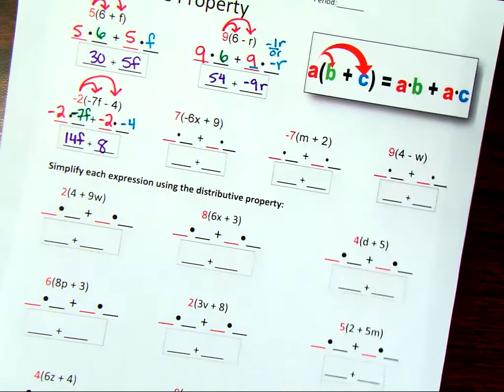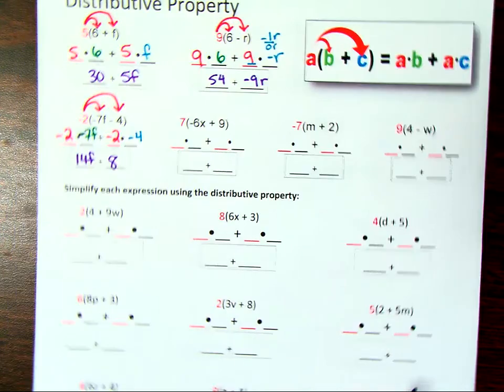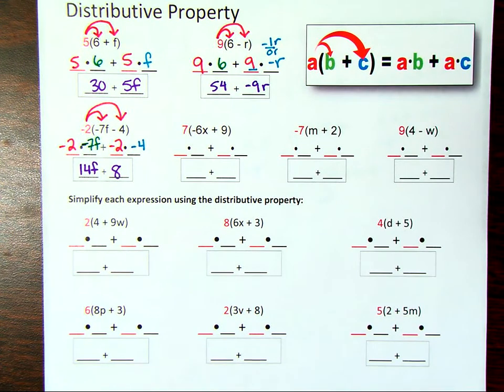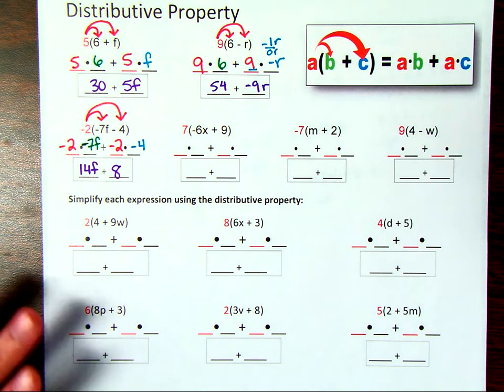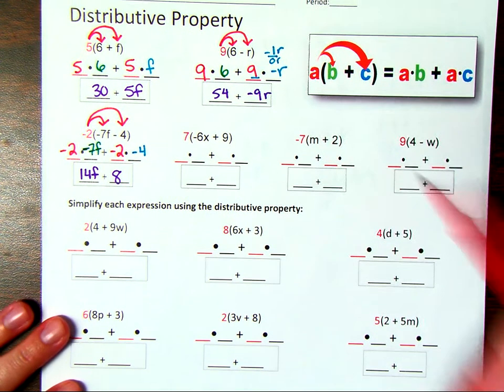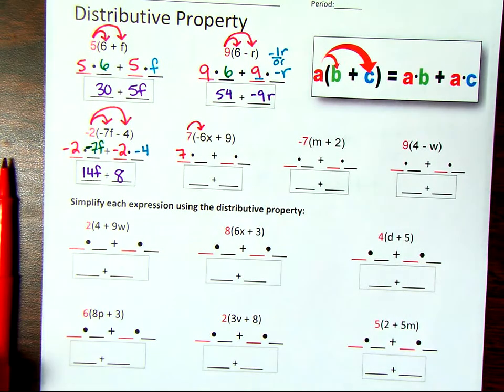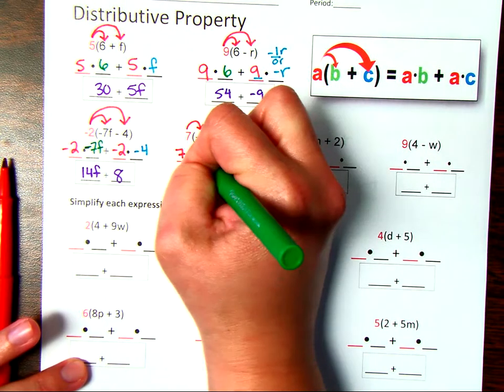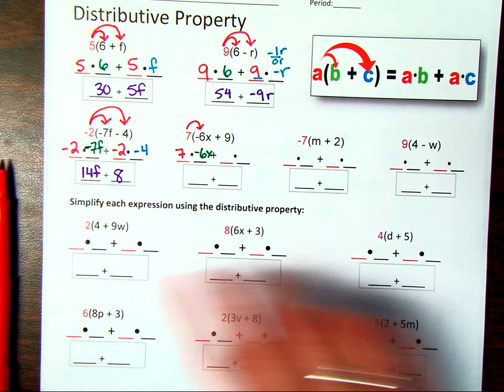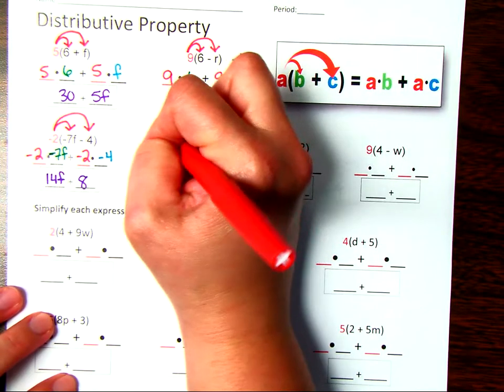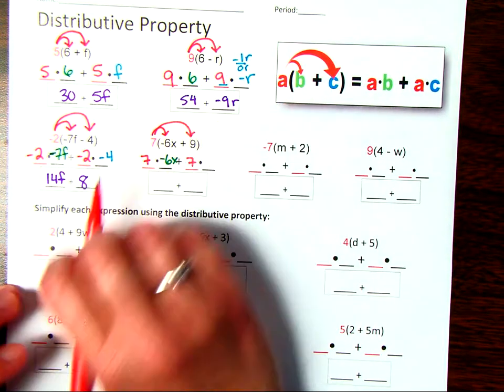Okay, let's keep going. So we want to try these and challenge these without pictures. So I'm going to do a couple more for you just to make sure that you're ready for your lesson. So 7 is the number being distributed, and the first part of that group is negative 6x. The 7 is also being distributed to that positive 9.